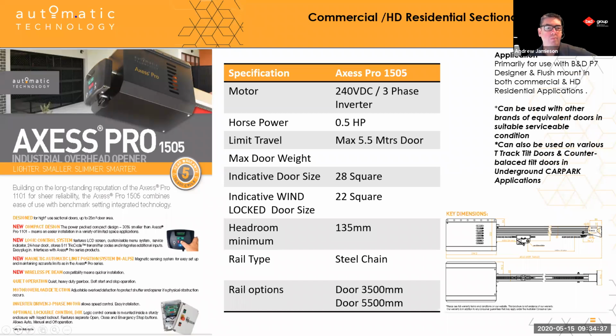When a residential motor does not or exceeds its capability, that 1505 plays in that space. So that's pertaining to the P7 range of doors and any bespoke build that goes over that 235 kilo for domestic doors, because as you can see, it plays into a very big space of high cycle and high lifting capability.